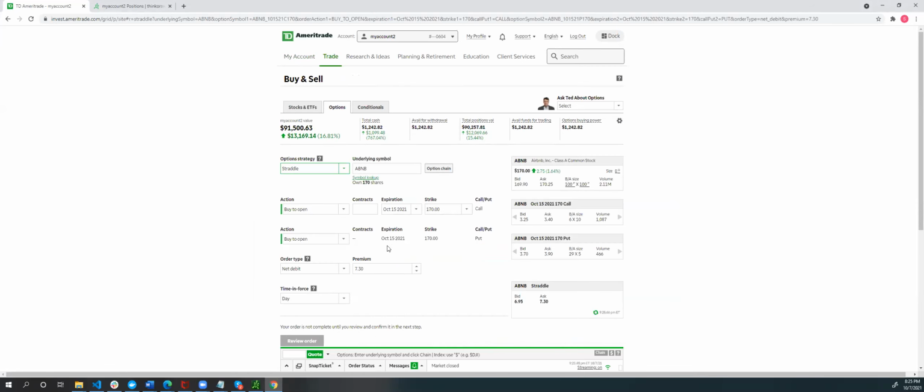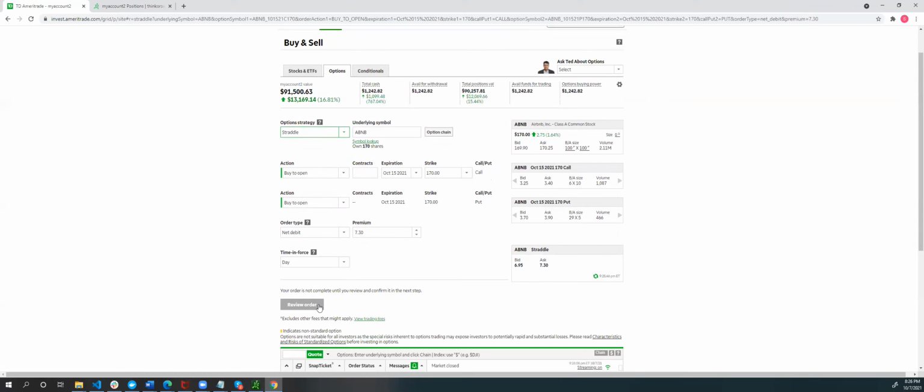So I'm going to execute this as a straddle, right? Here you can see it's a net debit. That means I'm actually paying $7.30 for buying both a put and a call at the 170 strike price. Okay.